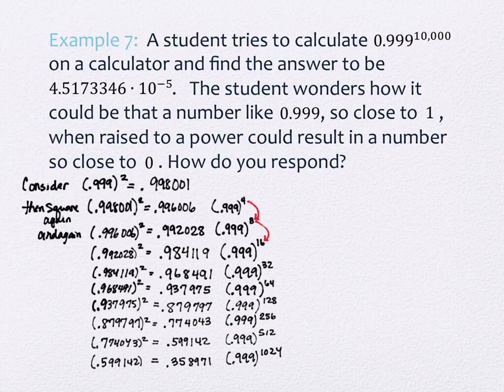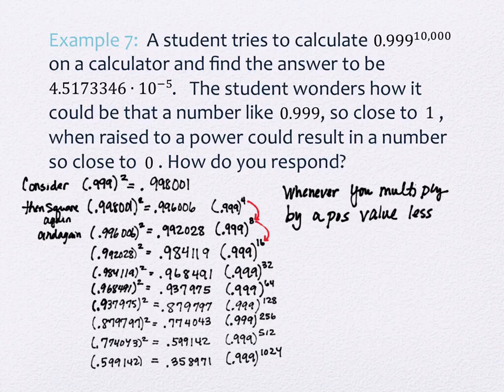So what's going on? Well, whenever you multiply, and this will come up in your homework in a different question used in a different context, but whenever you multiply by a positive value or number, if you prefer, less than 1, which is what we are.